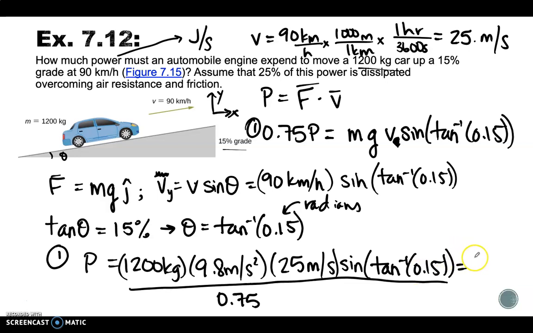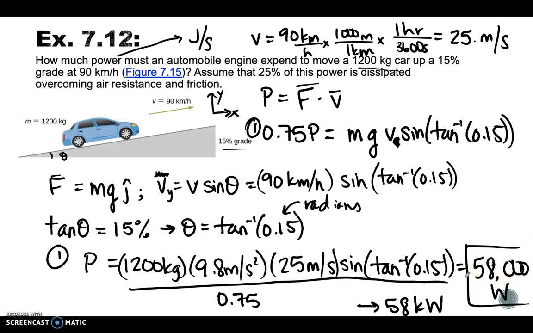And we get that the power is 58,000 watts, or 58 kilowatts. So this is the power output of that vehicle traveling at 25 meters per second, or 90 kilometers per hour, up that 15% grade.